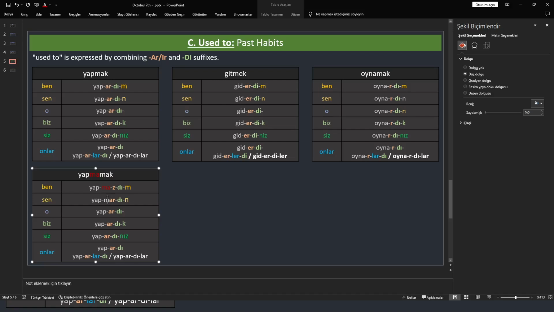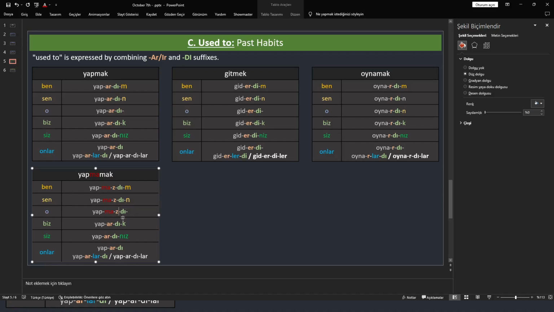And same for here, yapma for negative, and here, yapmazdın. So the negative conjugation is more like "I didn't used to do something, but now I do it." The positives were like "I used to do something and now I don't do it." It's the same for all the other pronouns.